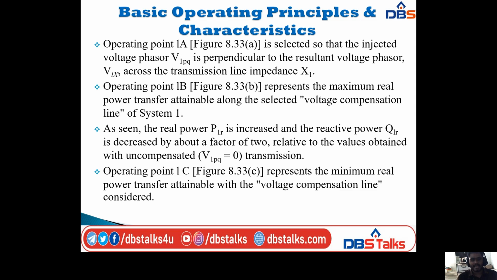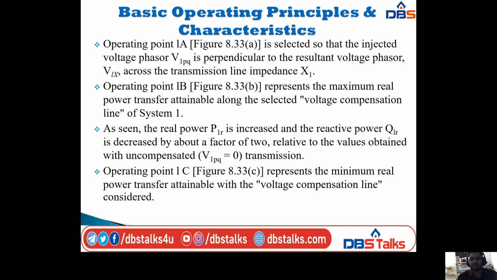As seen, the real power, that is P1R, is increased and the reactive power, that is Q1R, is decreased by about a factor of 2 relative to the values obtained with uncompensated V1PQ equal to 0 transmission. Coming to the next operating point, 1C, it represents the minimum real power transfer attainable with the voltage compensation line considered.